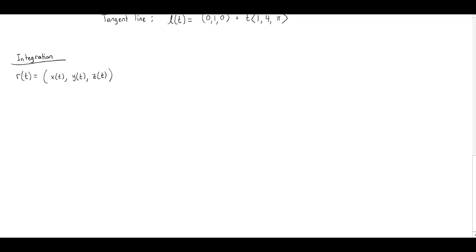Then if we wanted to integrate this function r of t, just like with derivatives, we'll integrate it by integrating each component.